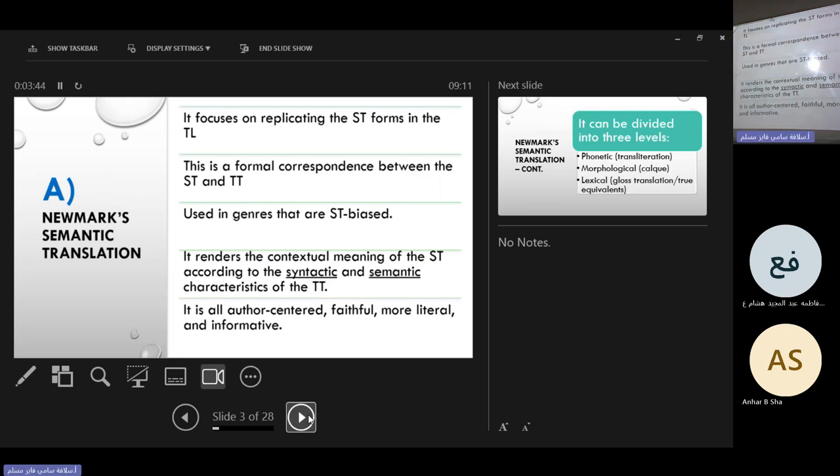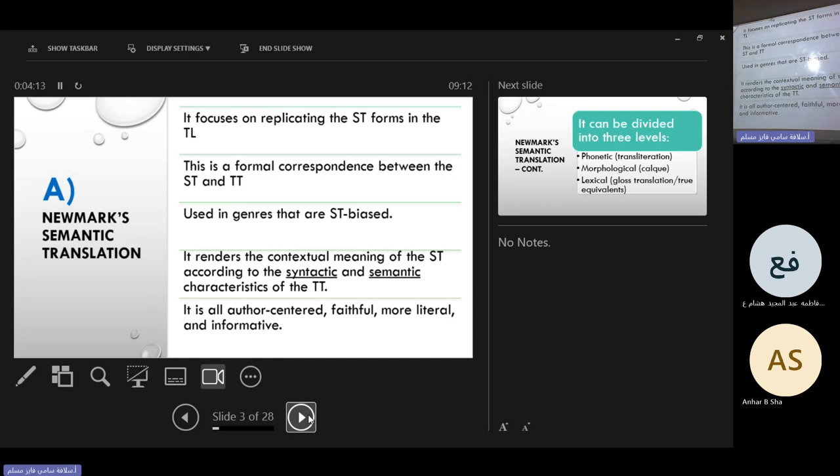Let's go deeper into both strategies. So the first strategy belongs to Newmark. Remember this name, okay? Newmark's semantic translation, in detail, focuses on replicating the source text form in the target language setting.